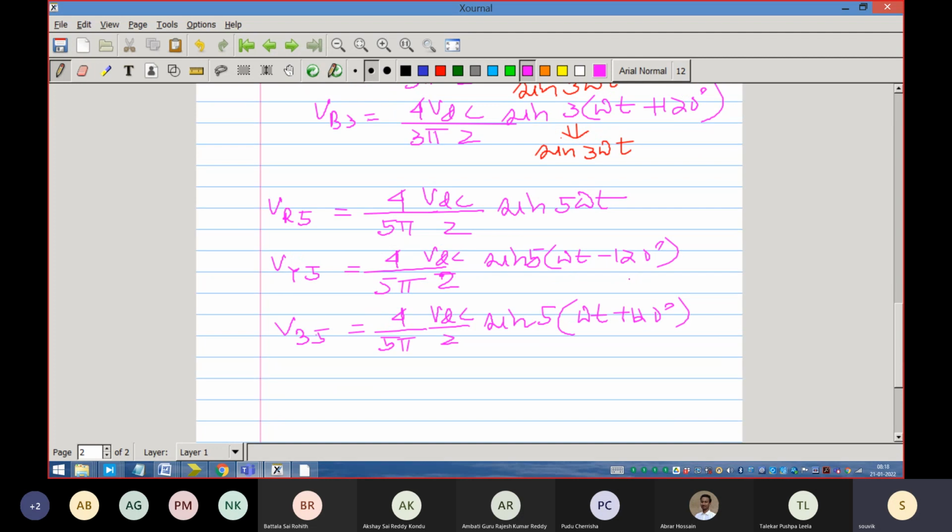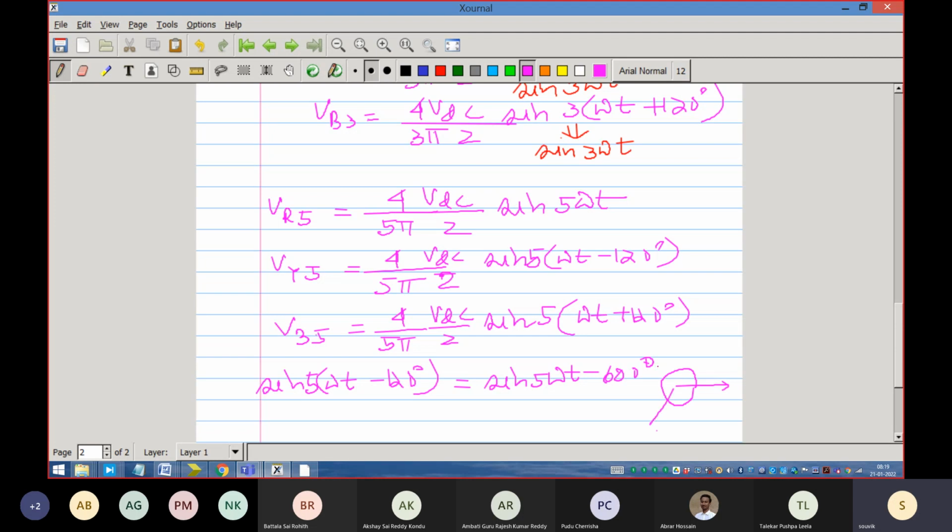What does 5 omega t minus 120 degree imply? It implies that it is sine of 5 omega t minus 600 degree. So what is minus 600 degree? This is 0 degree, this is 120. So 360 degree is this, minus 360 degree is this. So minus 600 degree will be located at 360 minus 360 and another minus 240.